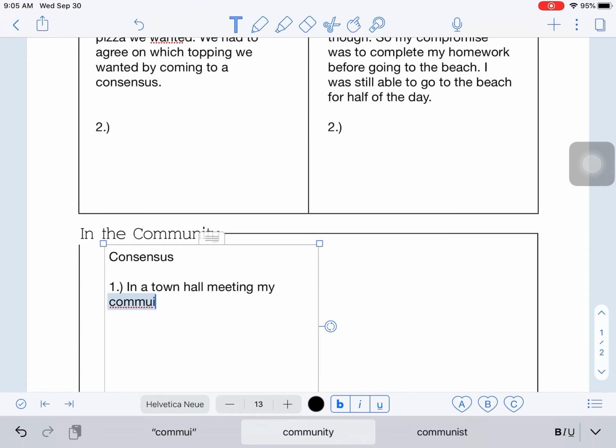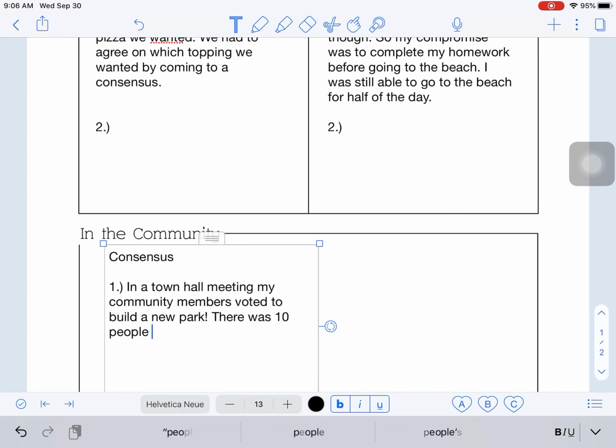my community members voted to build a new park. There were 10 people who voted yes to the park.